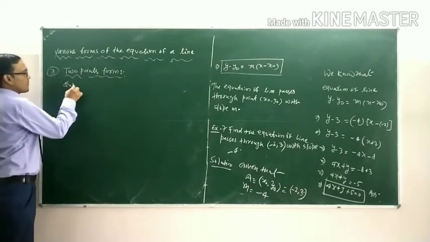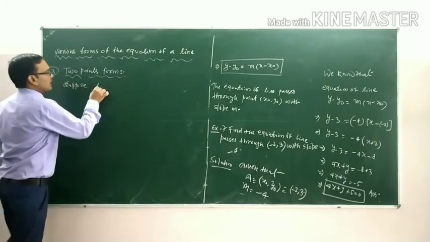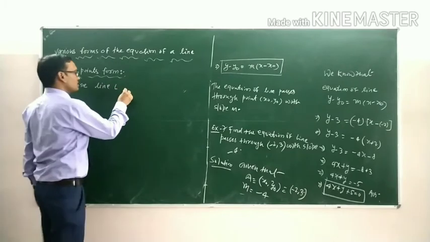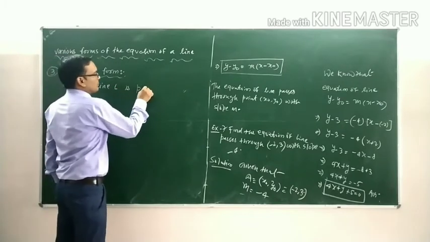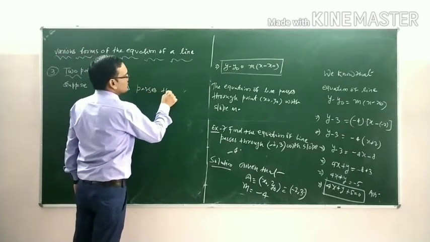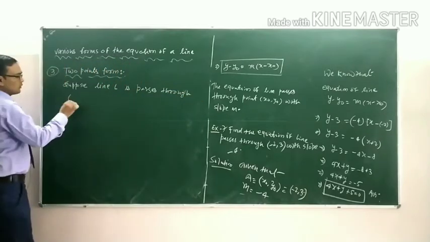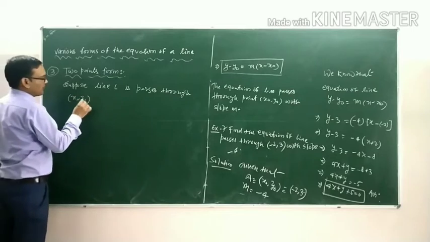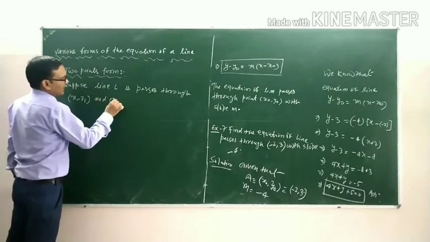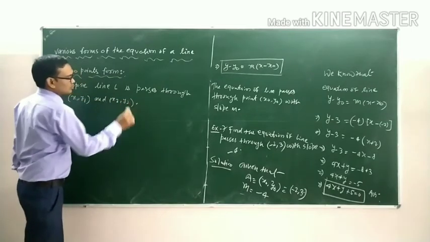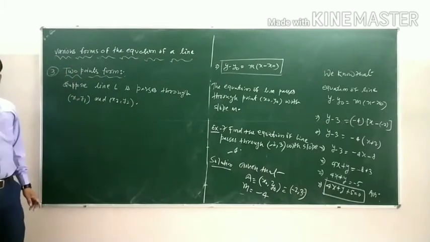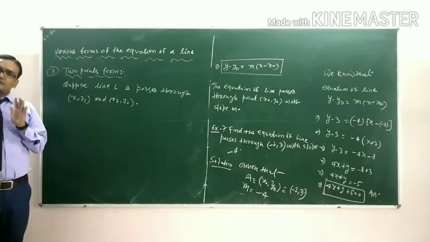Suppose line L passes through x1, y1 and x2, y2. Then we find the equation of the straight line.